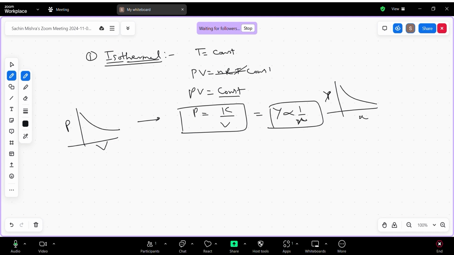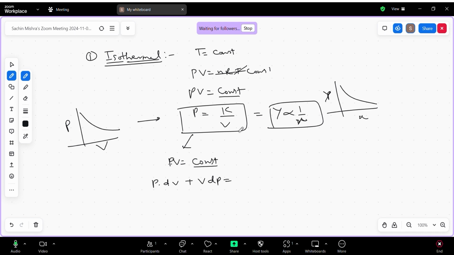I hope everyone is okay. Now we can further modify this equation in differential form. How? PV equal to constant. Let's differentiate. You have studied in mathematics the differentiation of first into second function: first into differentiation of second plus second into differentiation of first.